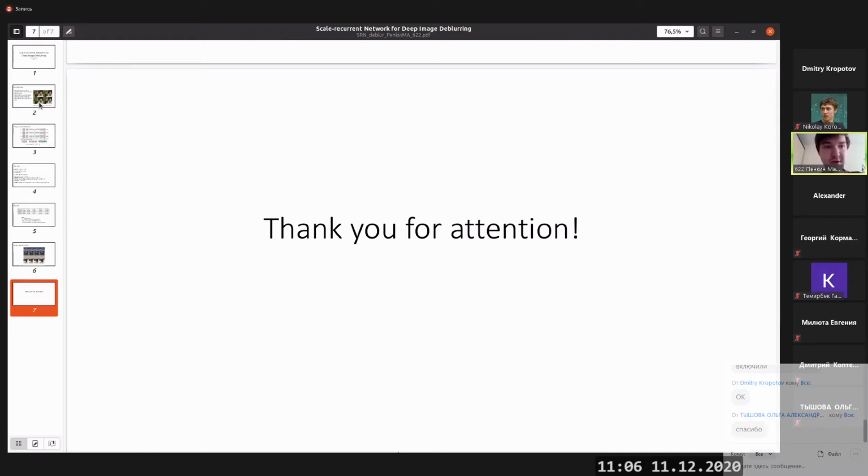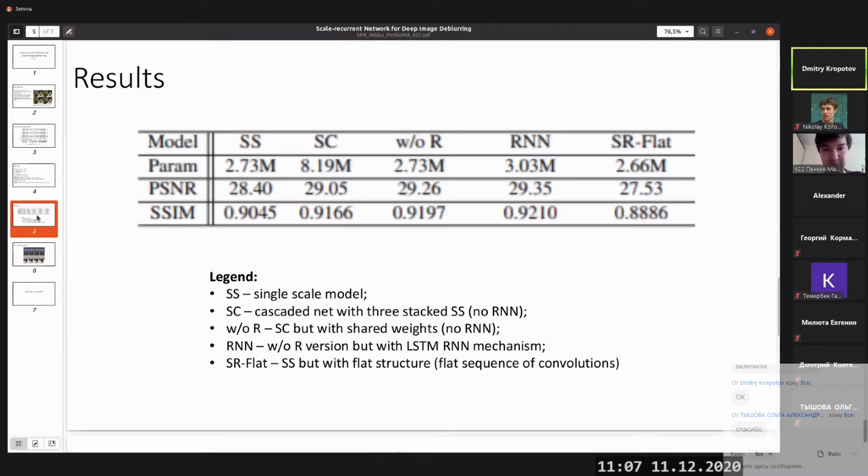They didn't check it, but the GoPro set has a different type of blur. So I think that the generalization can be good, because the type of blur is really different in the GoPro set. They used a wide range of situations of lighting, of moving, of shaking, etc. During training, they of course use some standard augmentation, scaling, for example, rotations, and so on.